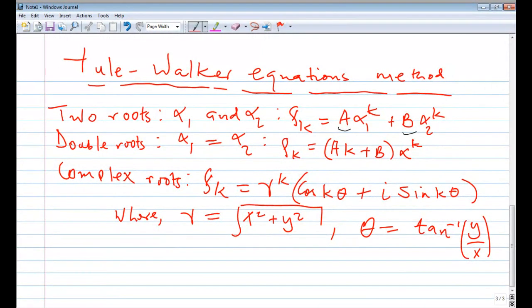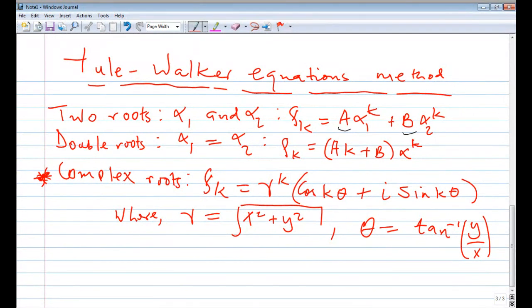But I think for the complex roots, this one we won't do. It's going to be very complicated for you. Let's take it out. We are going to deal with the real numbers there. So for complex roots, I won't ask questions related to that. So are we together?